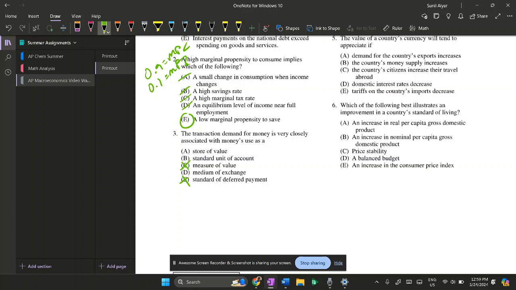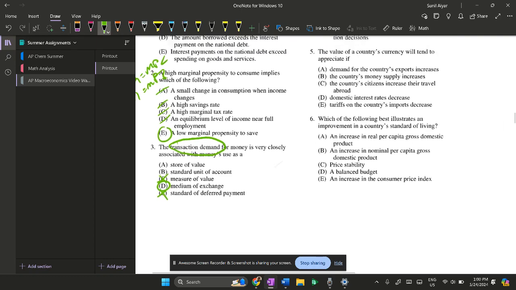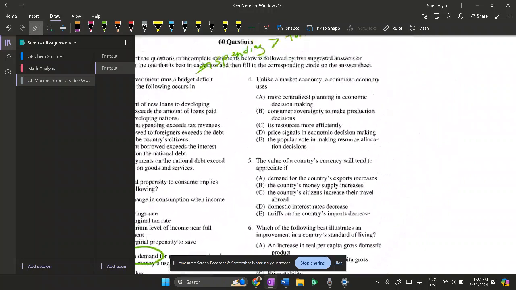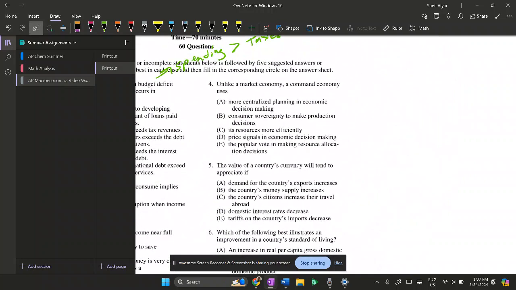So transaction demand, that's trading money for, let's say, an orange instead of trading an apple for an orange in a barter economy. So that's going to be D. You're using the money as the transaction medium.